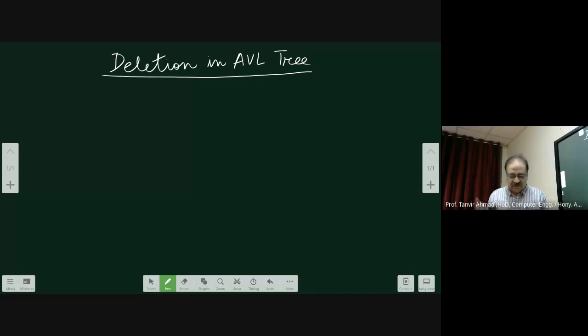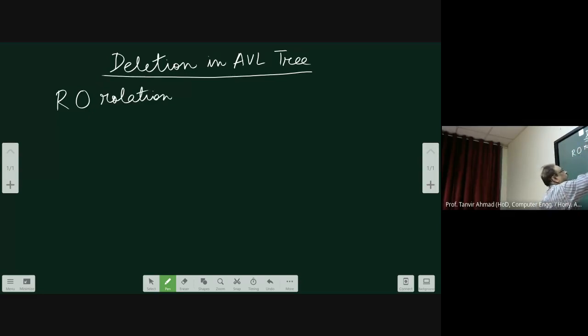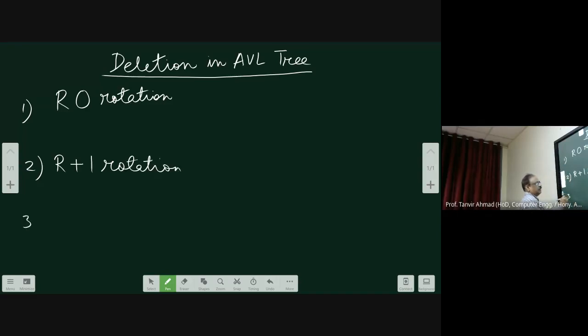Therefore, what we can do is that there are three cases which are called the R0 rotation, then there is the R plus 1 rotation, and there is the R minus 1 rotation.